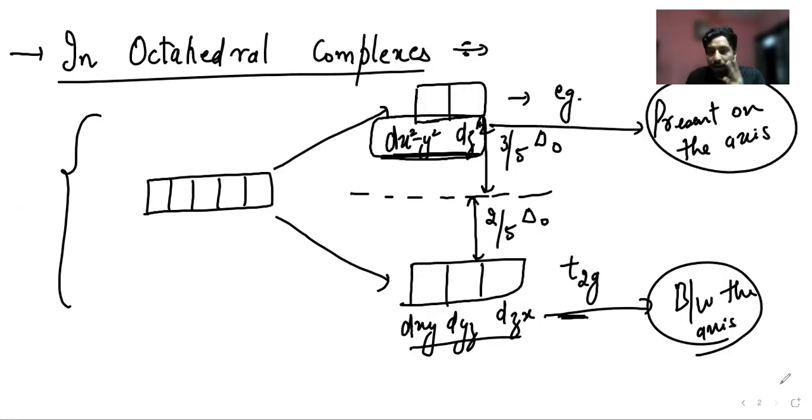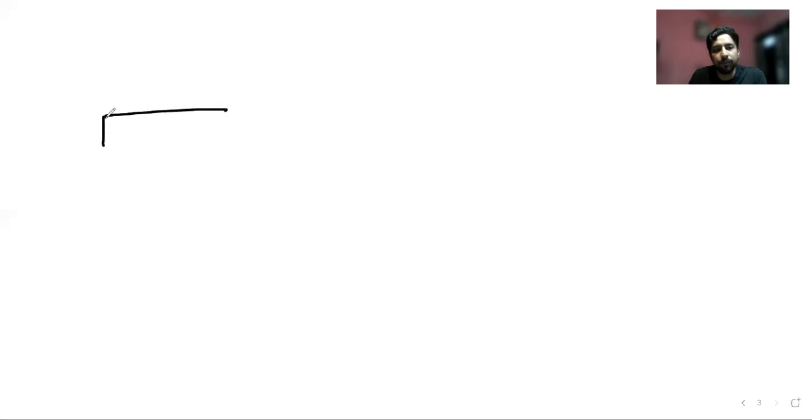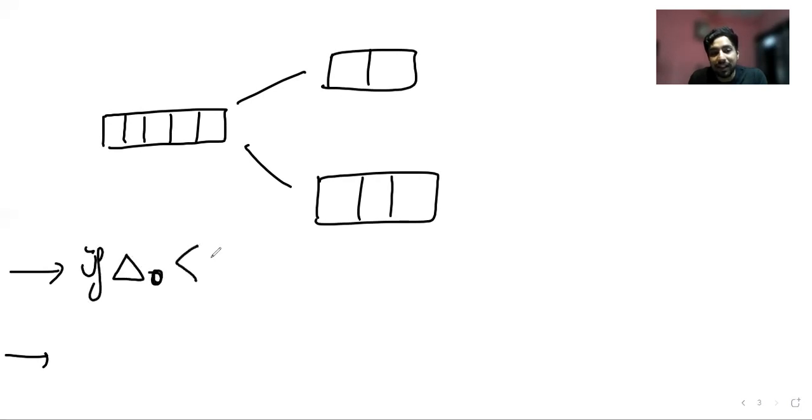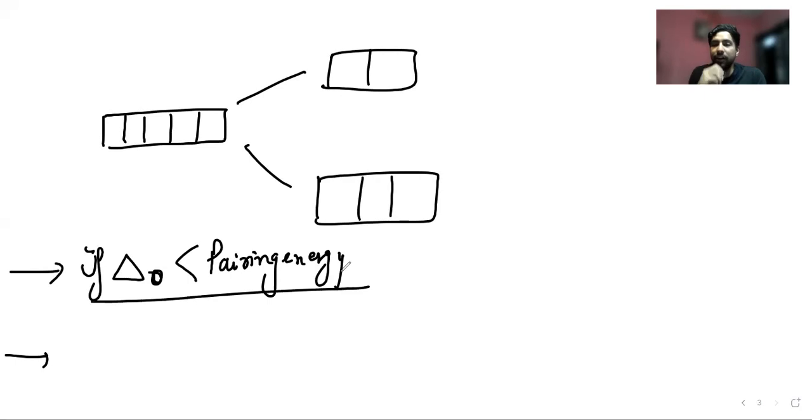Now there are two possibilities. The first case is when delta O, the crystal field splitting energy, is less than the pairing energy.